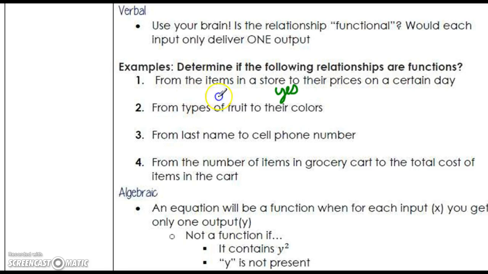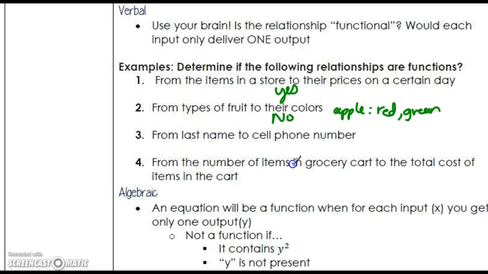Yes. The types of fruit. So if you're in the store and you see an apple, is that going to match up with just one color? No. An apple could be red or it could be green. And obviously we know apples could be a lot more colors than that. But no, apples could be more than one color.